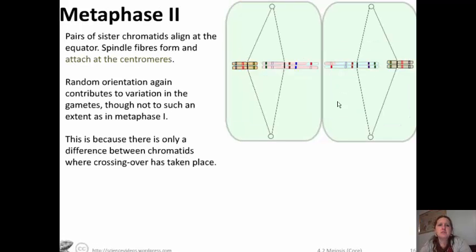In metaphase 2, the pairs of sister chromatids are going to line up along the equator. The spindle fibers are going to lengthen and attach to each side of the centromere. We're still going to have some random orientation, but there's not going to be as much variation as we had in metaphase 1. This is because the chromatids are not having any other crossing over.